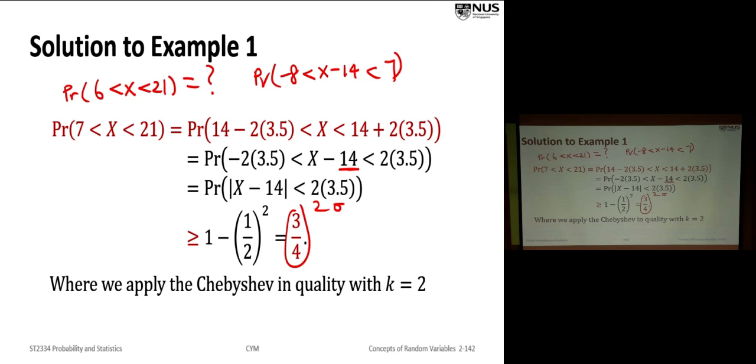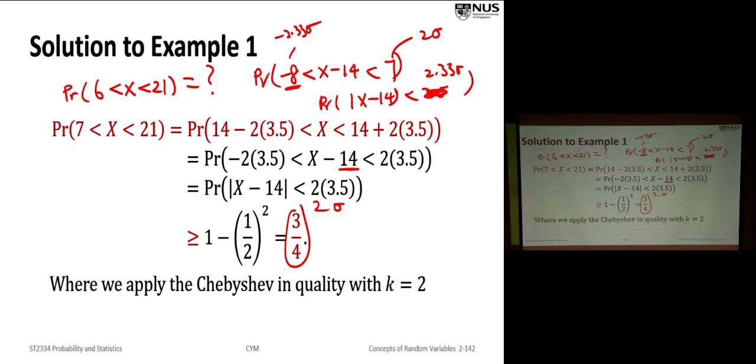So should I write it as the probability of x minus 14 less than 2 standard deviations? Then I miss out something. This is not minus 7. Or write it as 2.33 sigma. You see? This one is minus 2.33 sigma. This one is 2 sigma.